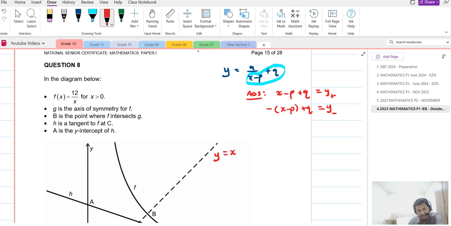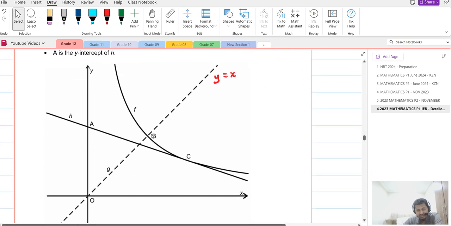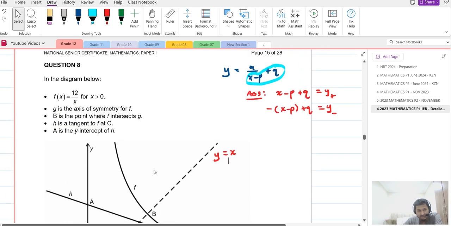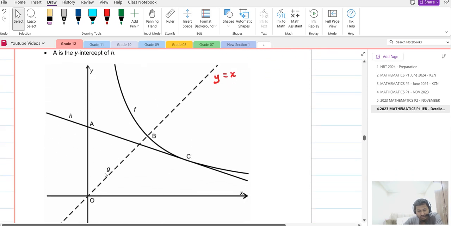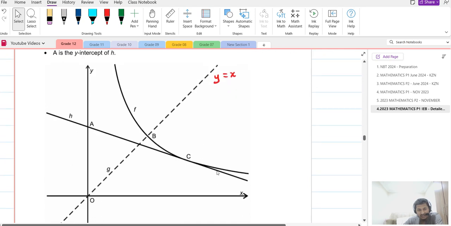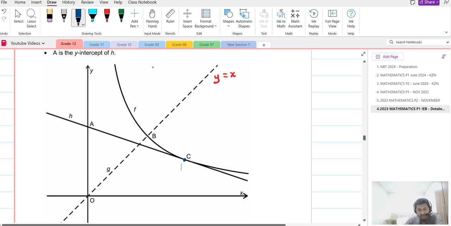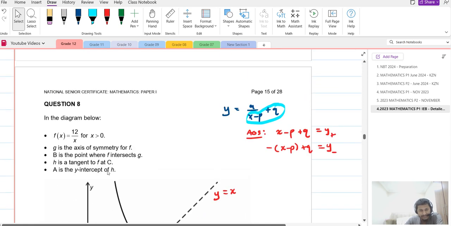B is a point where f intersects g, where the axis of symmetry intersects the graph of f. h is a tangent of f at C. Alright, so there's a tangent, so we need to get a point of contact here, right? Don't forget, we need the C, and we need the x value at C as well. A is the y-intercept of h.